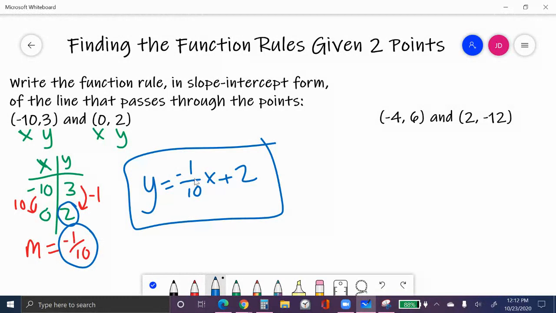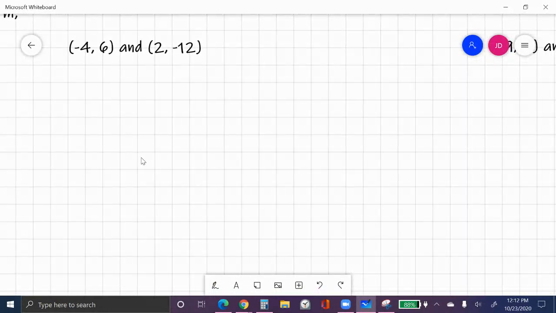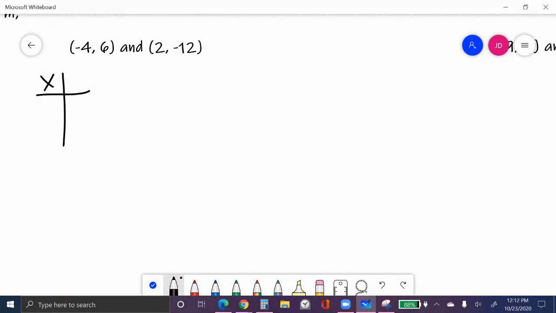All right, so that's the slope-intercept form of the line that passes through those 2 points. All right, let's take a look at the next one. Put these in a little table. Negative 4, 6 and 2, negative 12.